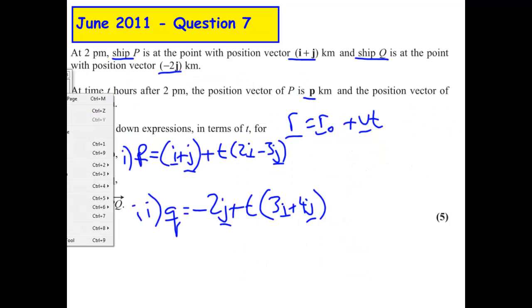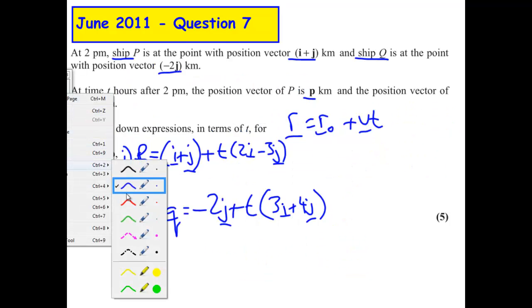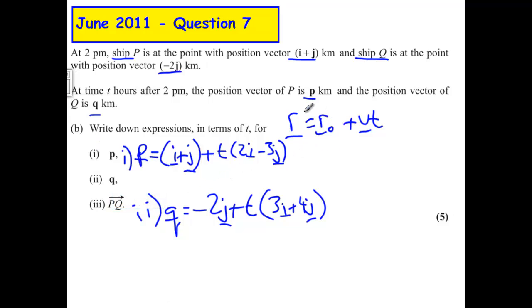Now how the marks are allocated for this part, you get one method mark for correctly using this formula, so for knowing that you're going to use r equals r0 plus vt, and you get an accuracy mark for each of the final answers for p and q.